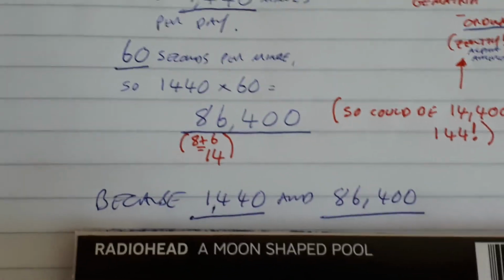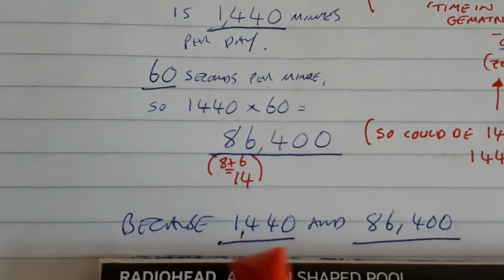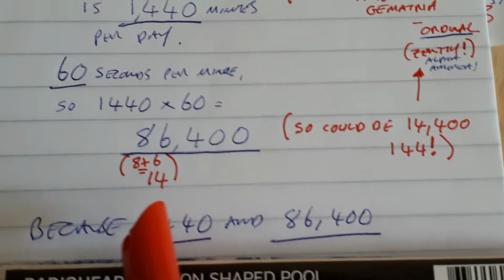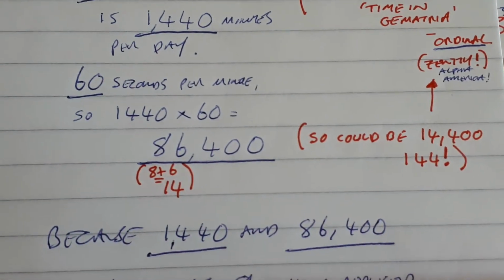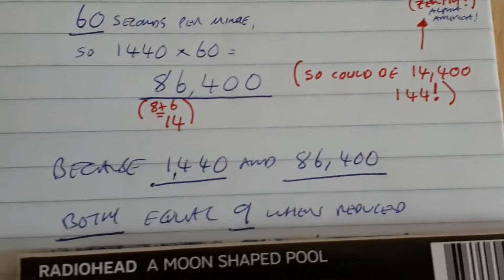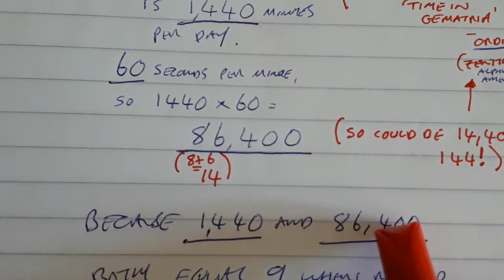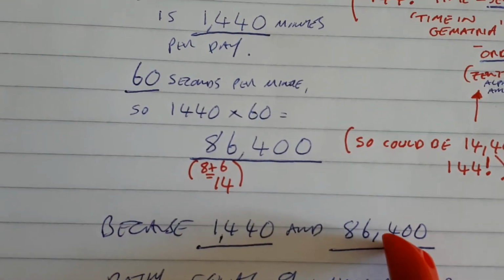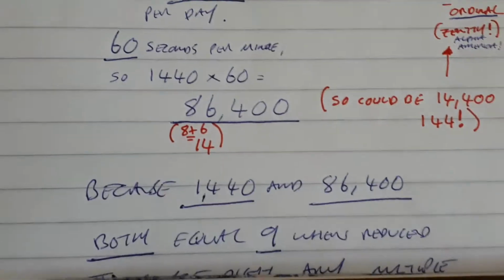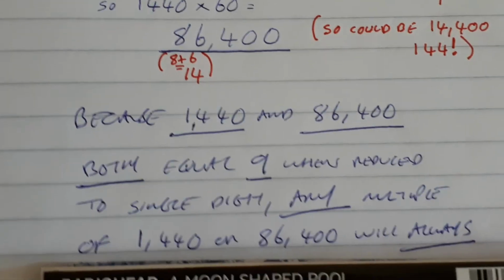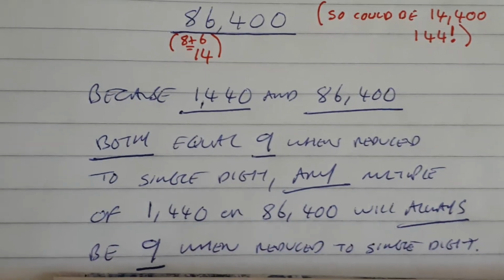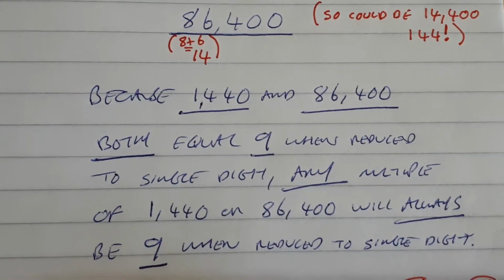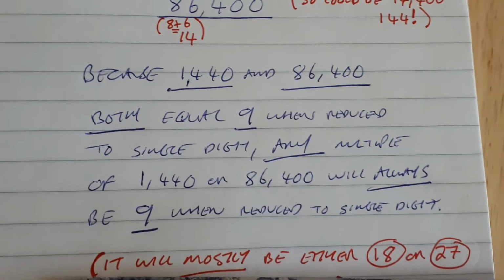Adding them all up together, it's always 9 when singled down. That one's 9, that one's 18, 9. 18, of course, being the 666. And it will always be 9. So any multiple of these as well will be 9, because it's part of the 369 rule.